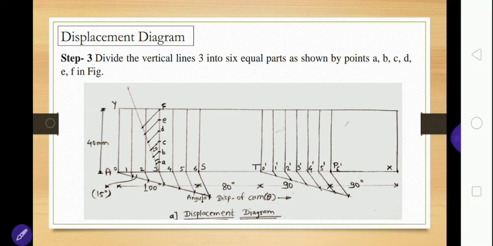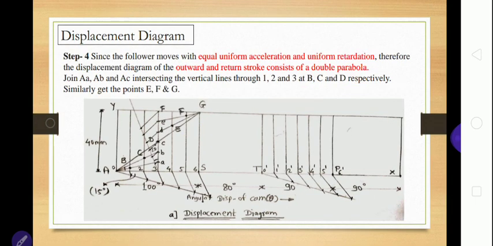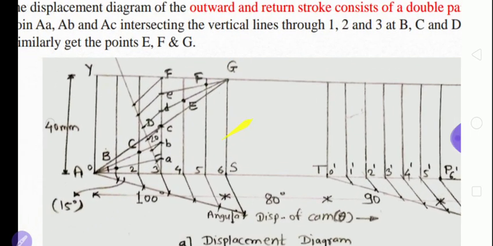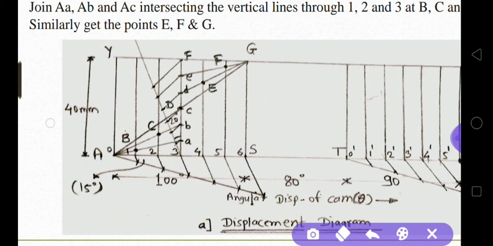For uniform acceleration and retardation, we have to do this procedure, that is, this third line you have to divide into 6 equal parts, and after dividing into 6 equal parts, you have to just join these points below C to the A. So from A I will join this C point.